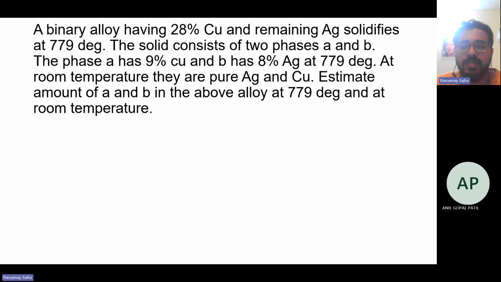Now the question is, at room temperature when they're pure silver and copper, you have to estimate the amount of solid A and B in the above alloy at 779 degrees and at room temperature.